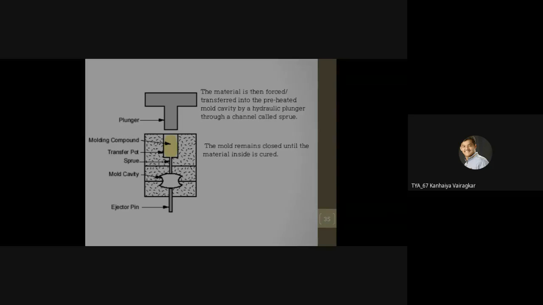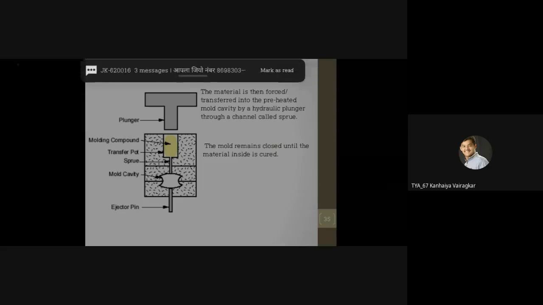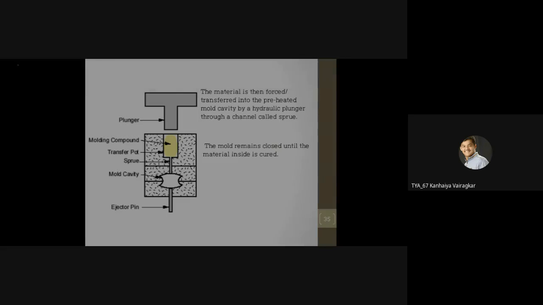You can wind the induction coil around the transfer pot, and it will heat the material, not an issue. So that heated material is kept in the transfer pot, and the mold remains closed until the material enters and gets cured. Once this material is kept inside the transfer pot, the mold boxes are closed.